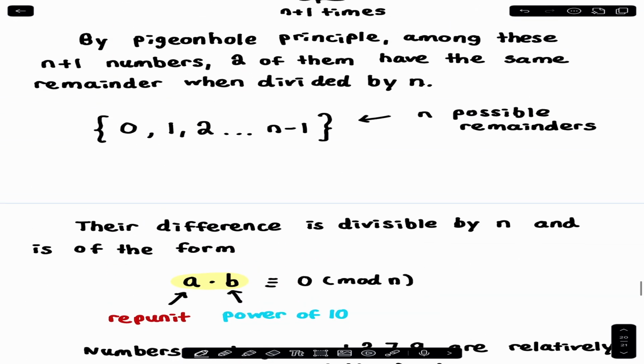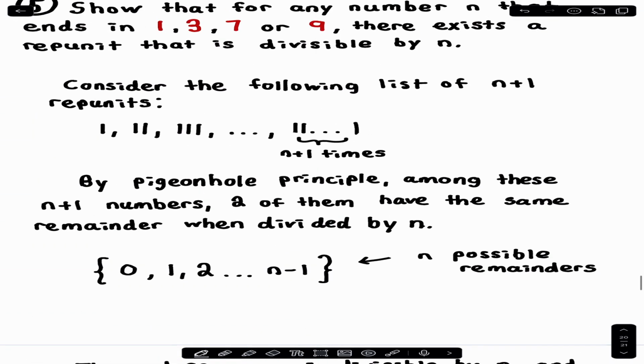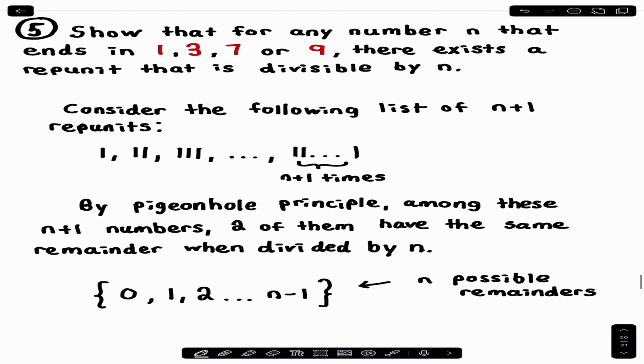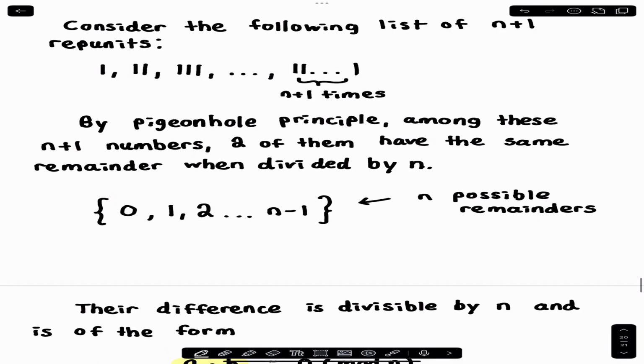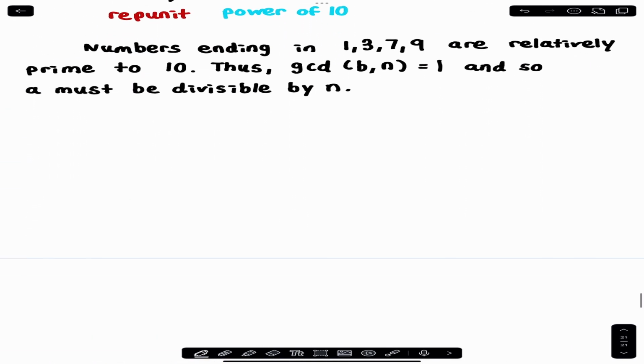The example I prepared to show you all, and I highly recommend you choose a different number at home, is n equals 17. So when n equals 17, our list will look like 1, 11, 111, all the way to 1 repeated 17 plus 1, so 18 times. I'm not going to write all of that out. Instead, we're going to use the R notation.